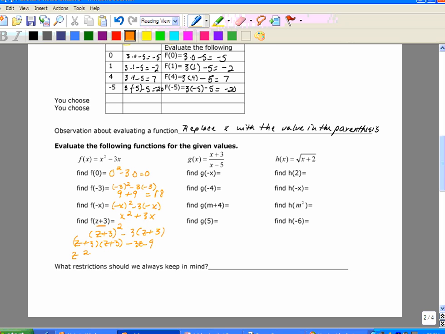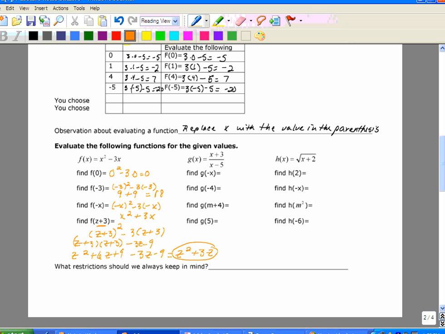Foiling this out, we get z squared plus 6z plus 9, plus my other two terms, for a grand total of z squared, looks like plus 3z, but let me go back and check that just to make sure. Z squared plus 6z plus 9 minus 3z minus 9, okay, and the two 9's cancel, so yep, there we go. So f of z plus 3 is this quantity here.